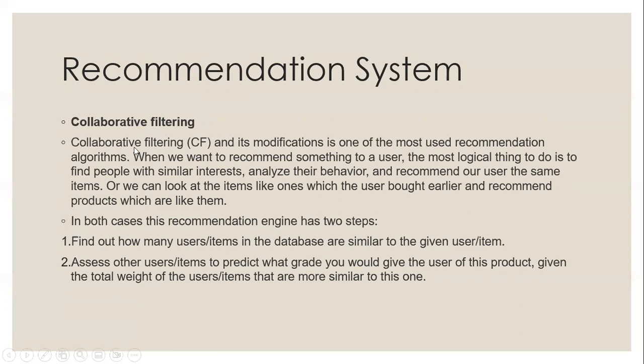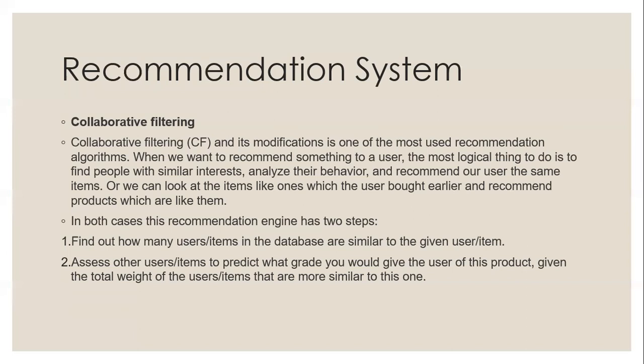Collaborative filtering and its modifications is one of the most used recommendation algorithms. When we want to recommend something to a user, the most logical thing to do is to find people with similar interests, analyze their behavior, and recommend to our user the same items. Or we can look at the items which the user bought earlier and recommend products which are like them.